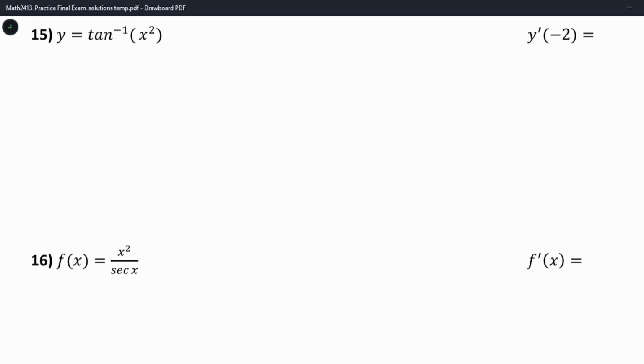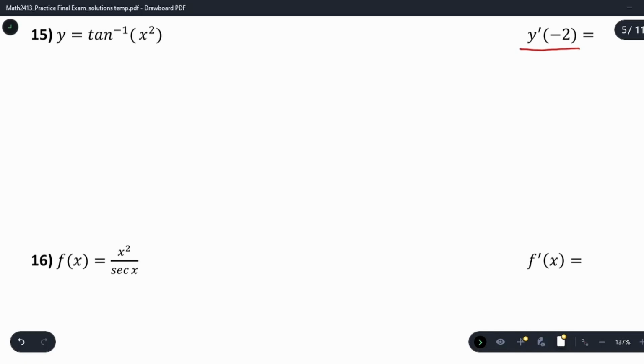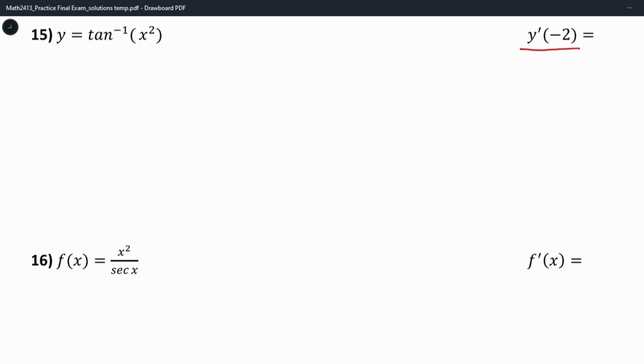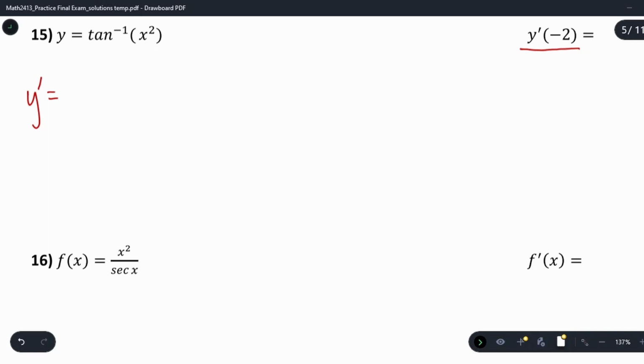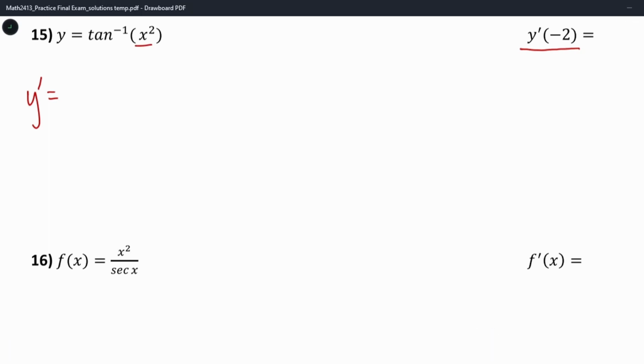Next, number 15, we need to find the derivative and evaluate at negative 2. And the derivative of inverse tangent is 1 over 1 plus x squared. But since our angle is not just x, we're going to have to apply the chain rule.